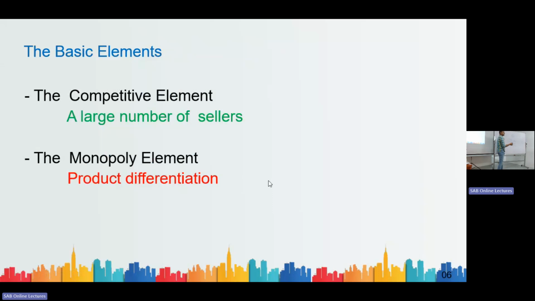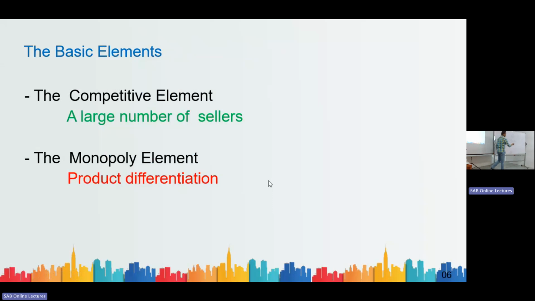Because their product is slightly unique, there may be some specific customer group loyal to that individual firm, like Salon Raman. They have a specific customer group who are loyal to them. Therefore, they have some sort of monopoly power, a small monopoly power.